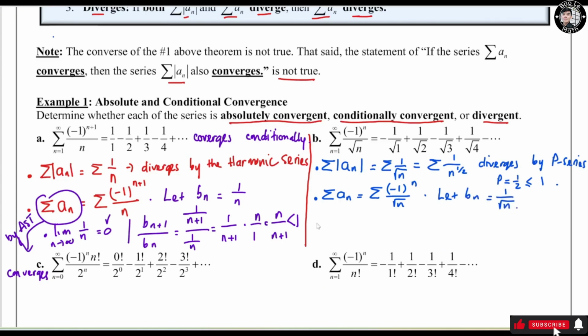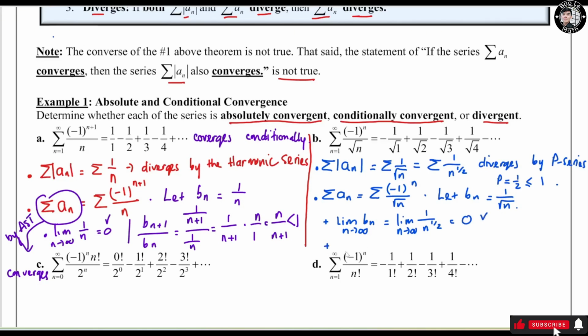Now we take the limit of b sub n as n approaches infinity, which is the limit of 1 over n to the power of 1/2, and it's going to be 0. So the first condition is met.